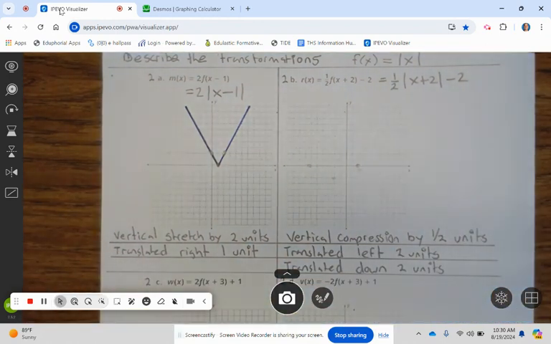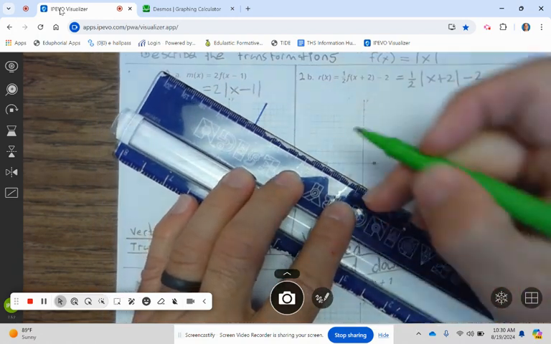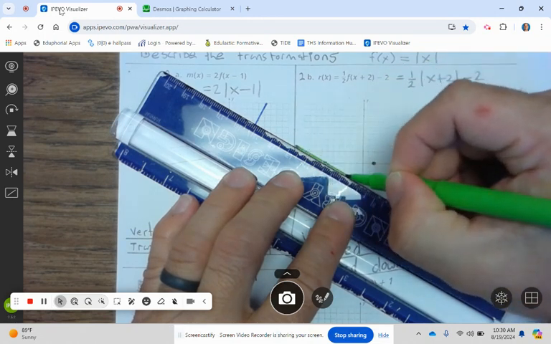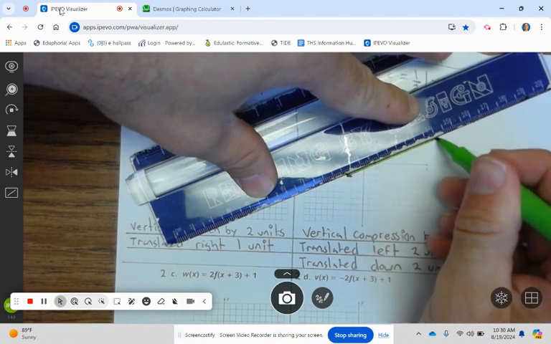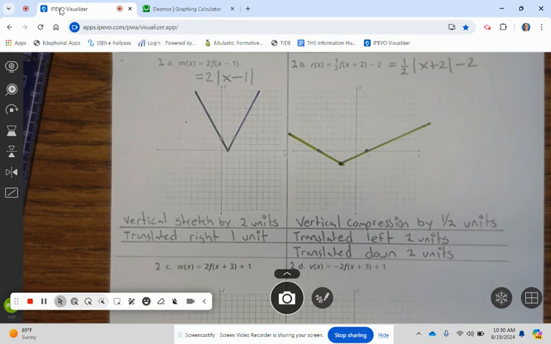Alright, so let's go ahead and graph that in green. And we can see it's a vertical compression by 1/2 units. It's translated left 2 units and translated down 2 units. All right, go ahead and finish up 2a and 2b.